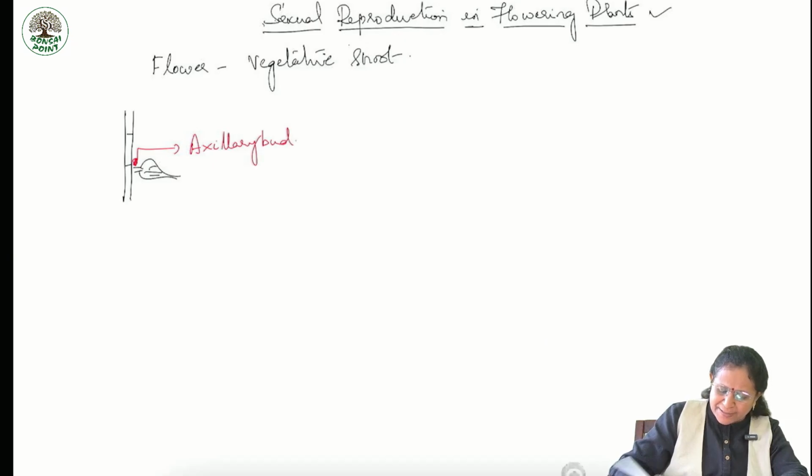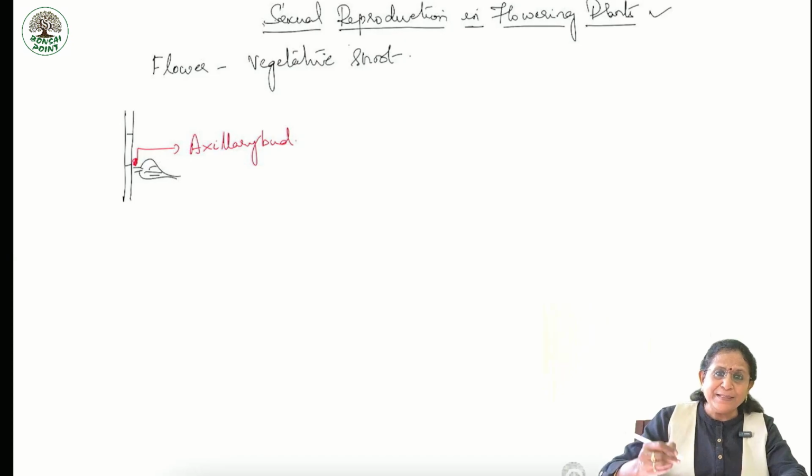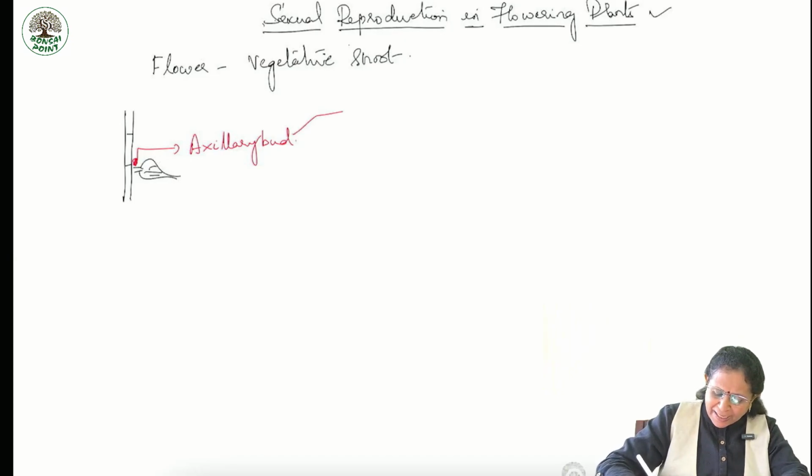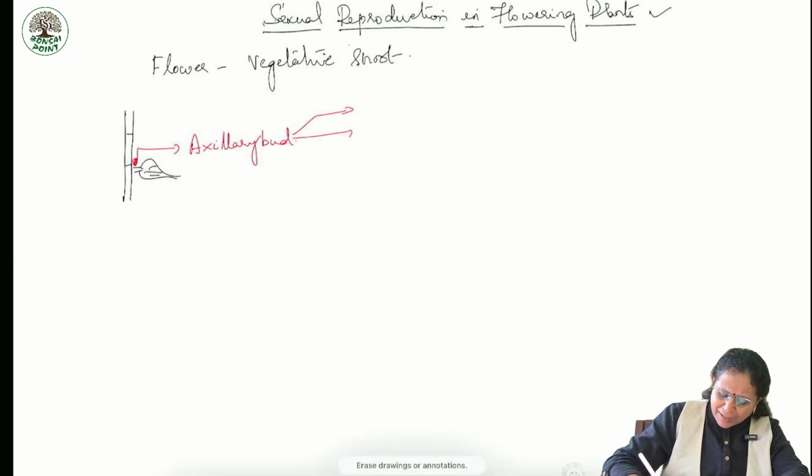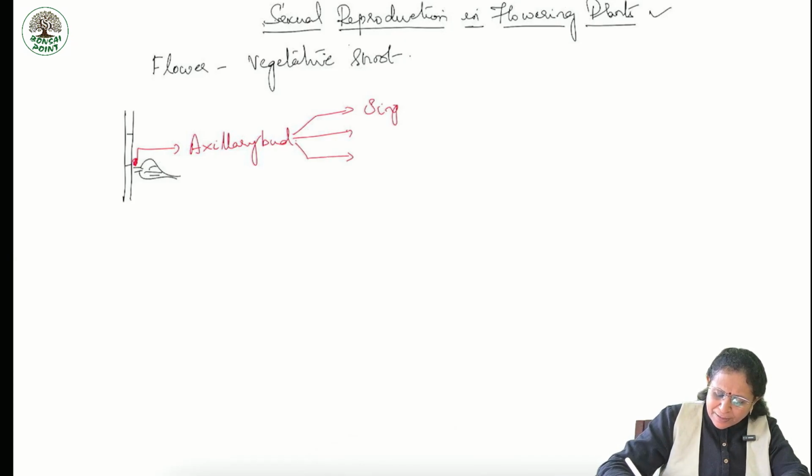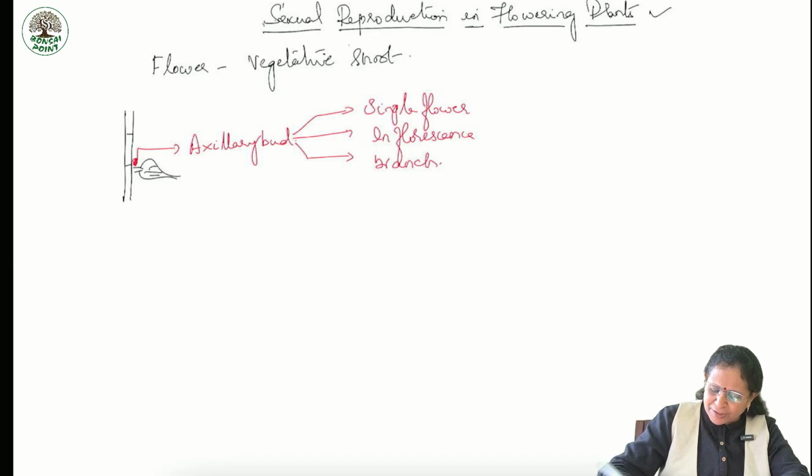Depending on the type of plant, this bud may give rise to a single flower, please remember, or a cluster of flowers called inflorescence, or it may give rise to a branch.